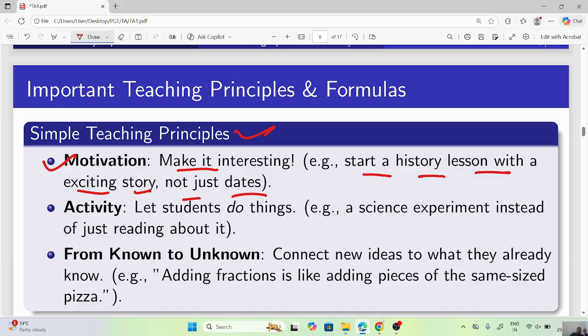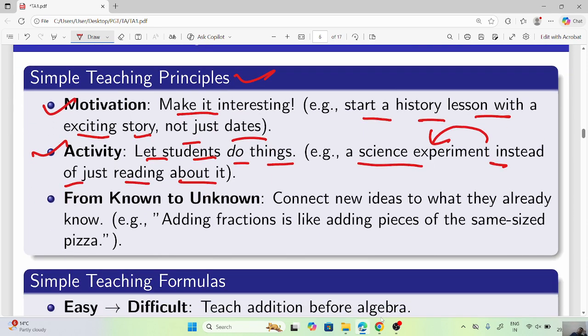Then after that, activity: let students do things like a science experiment instead of just reading about it. Do a science experiment, okay, not just reading. Finally, from known to unknown, means connect new ideas to what they already know.